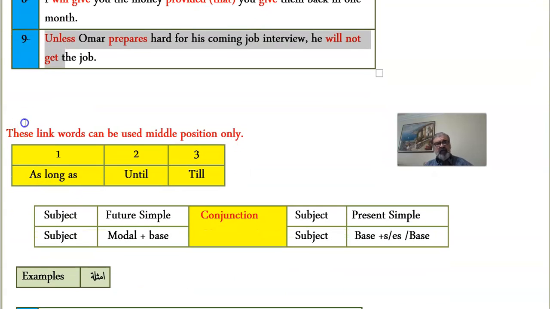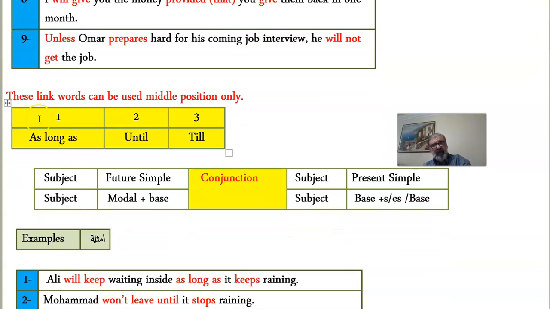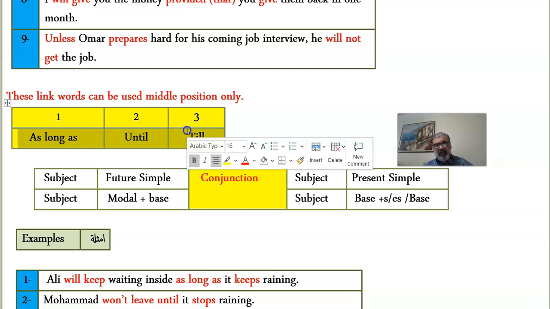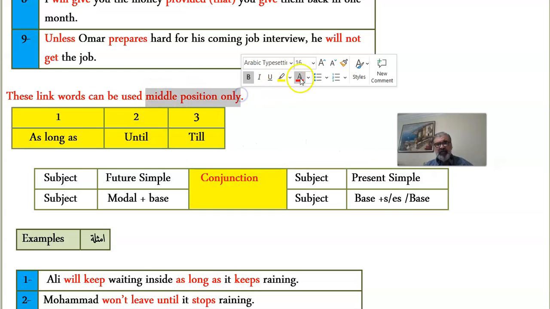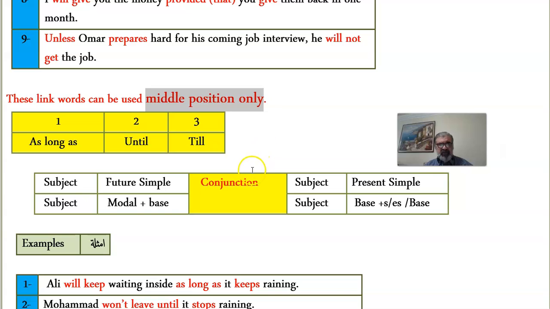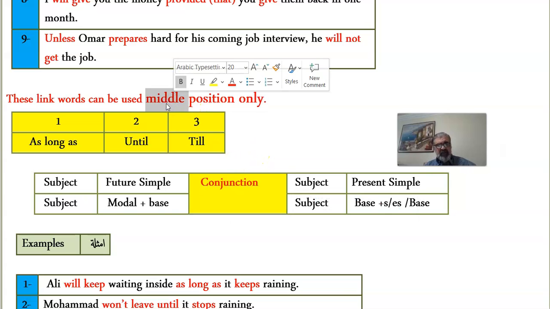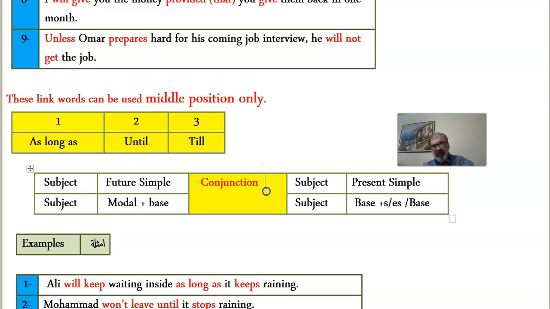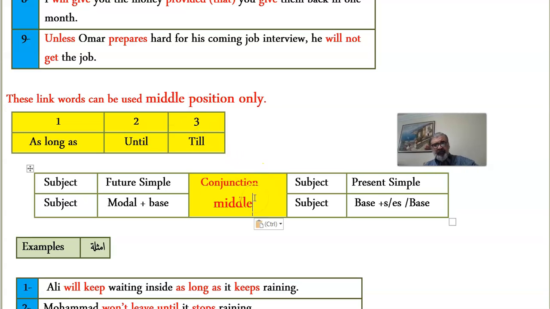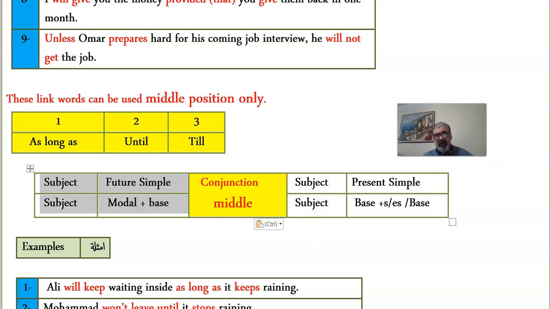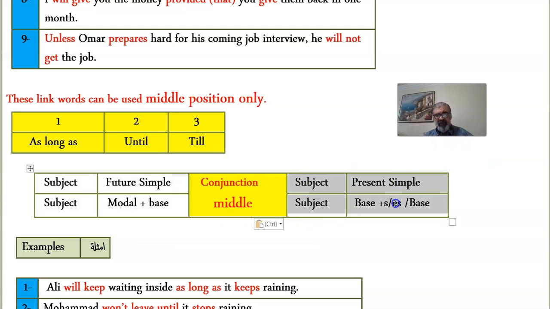Okay, now more link words. Now we have these 3 link words. They are used in middle position only. So we start with the future simple and then the present simple.